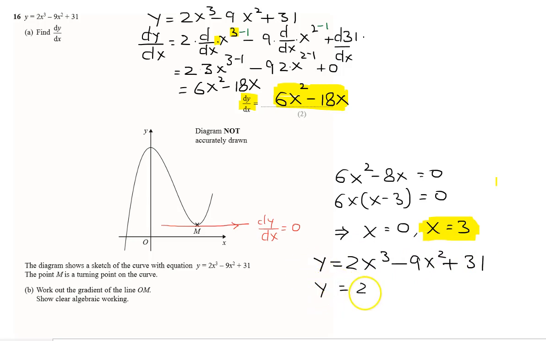So y will be 2 times 3 cube minus 9 times 3 square plus 31. So if I solve it, I will get 4. So x is 3 and y is equal to 4.